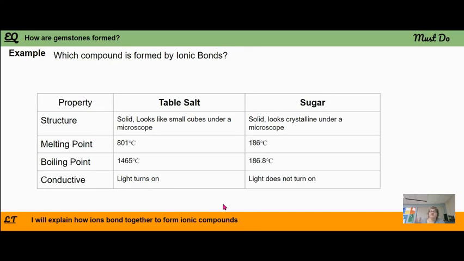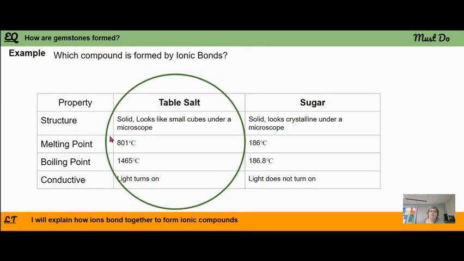If we look at these two compounds, table salt is the one with the really high melting point, the really high boiling point, and it's conductive. Now you should be able to tell the difference between an ionic compound and a non-ionic compound.